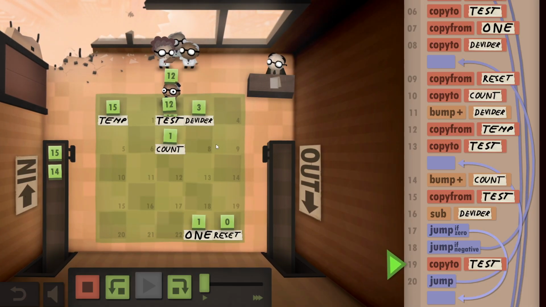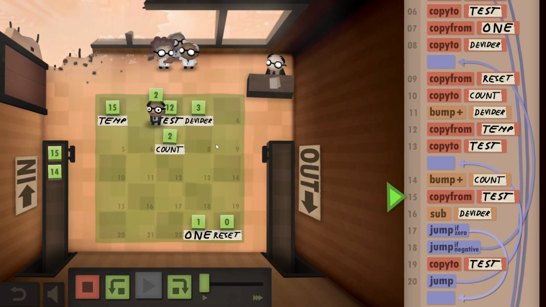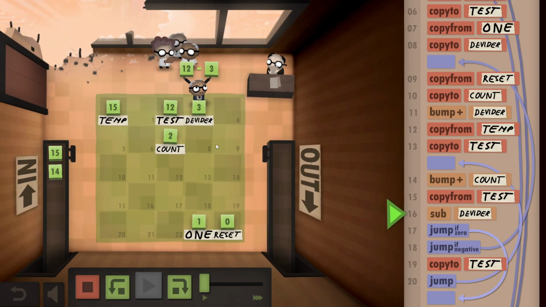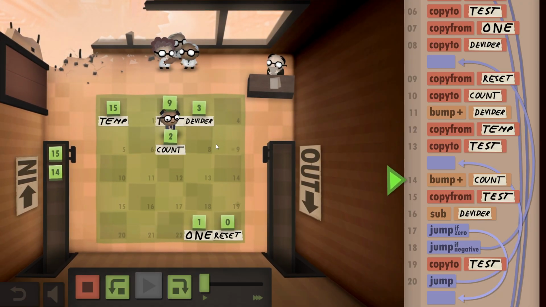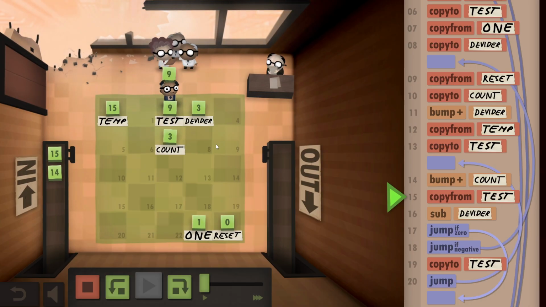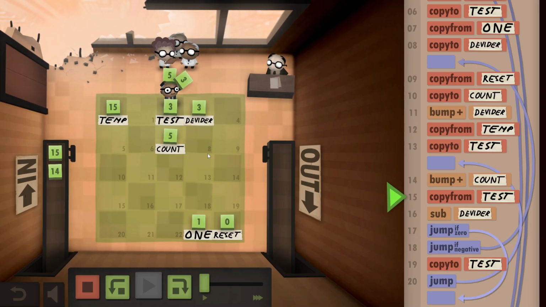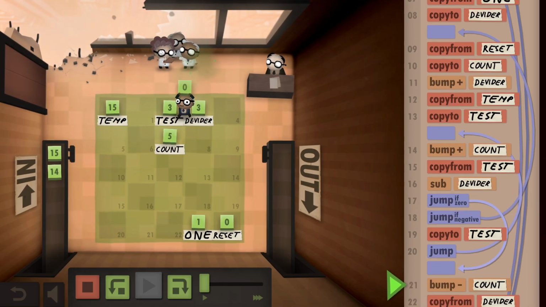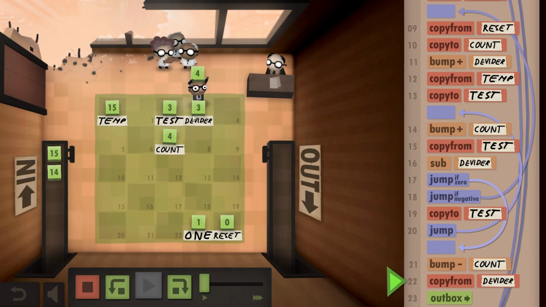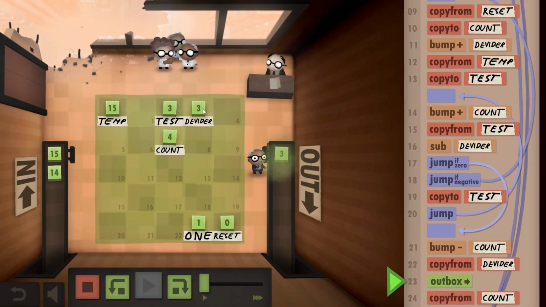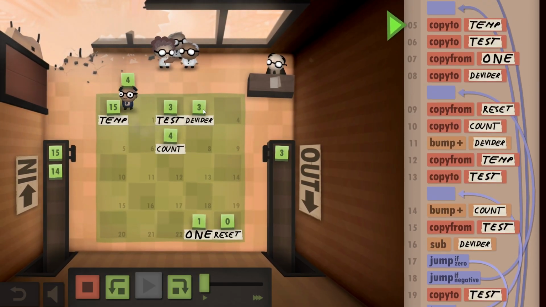What's that? And this is just a count, so it's gonna end up 3, 5. So if it's 0, you take this and put it there.